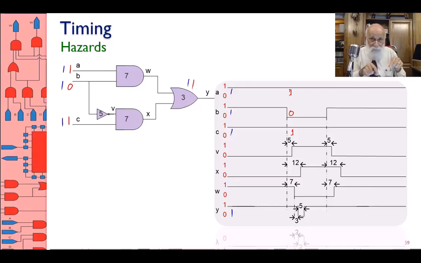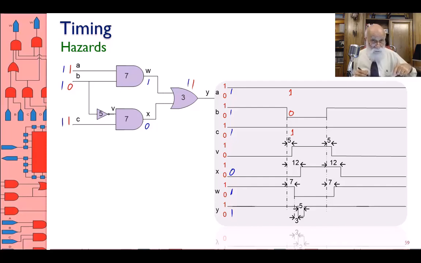Let's look at the signals in the middle. I have a W, which when A and B were 1, was a 1, and X was a 0.